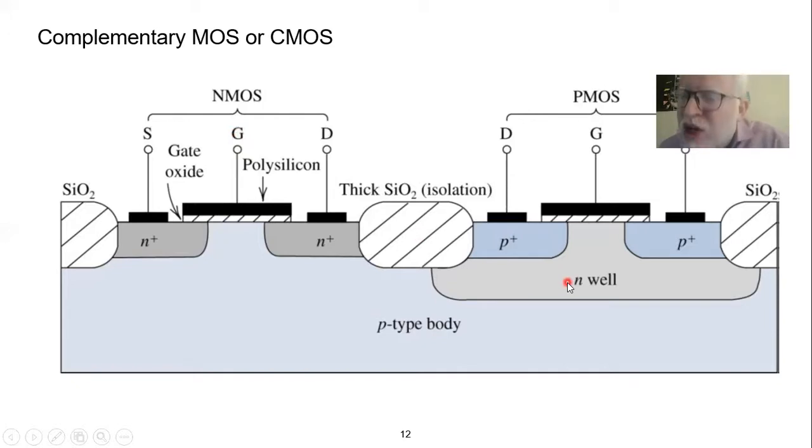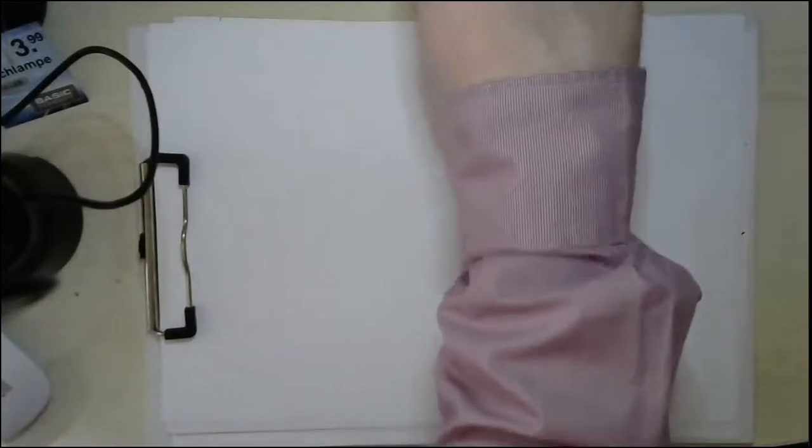What about the other complementary scenario? Whenever you have the N well or the N substrate and the P are the source and the drain. So let's now together start to explore the other complementary of this MOSFET, which is the P channel MOSFET. Let's start first with investigating the structure of this MOSFET.